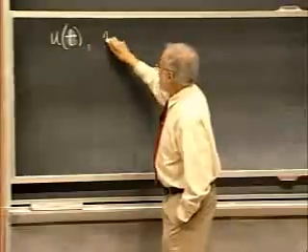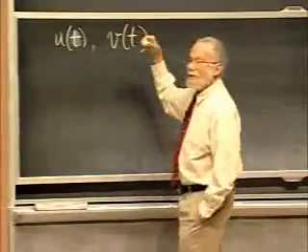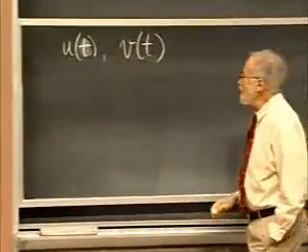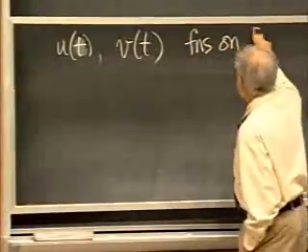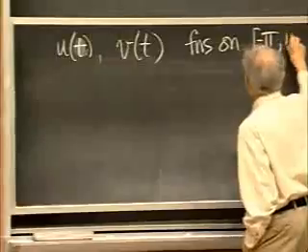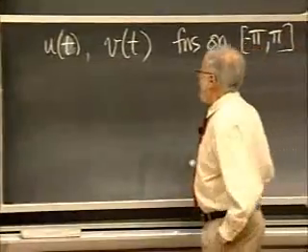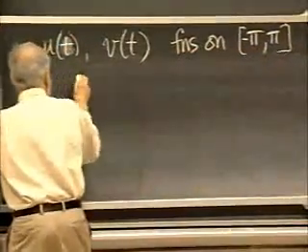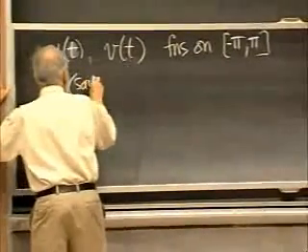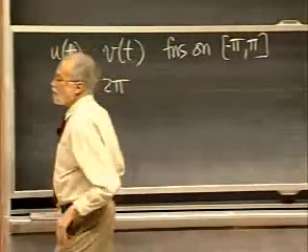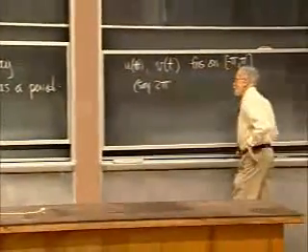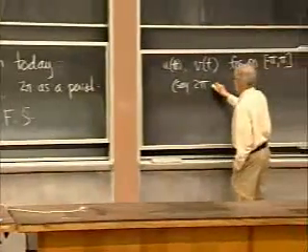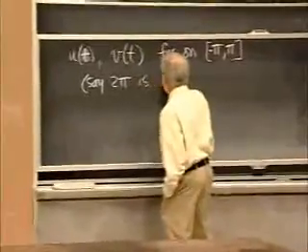So these are two continuous or not very discontinuous functions on minus pi to pi. Let's make them periodic. Let's say 2 pi is a period. So functions, for example, like those guys, sine t, sine nt, sine 22t, and so on. Say 2 pi is a period.